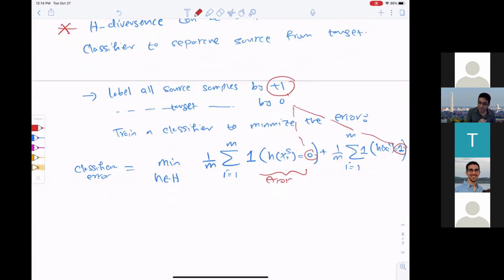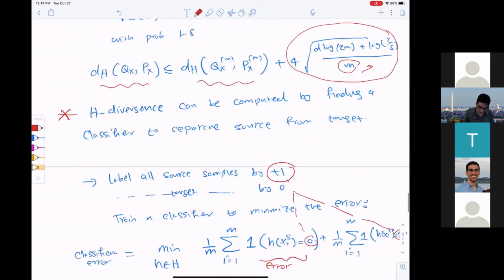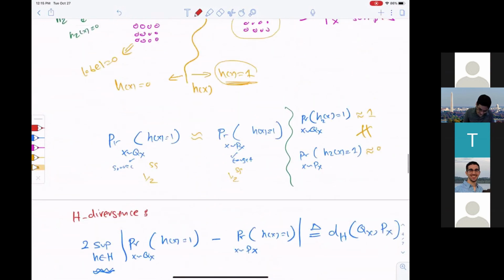If my classification loss is large, what can I say about the H divergence between source and target? Let's look at this example.